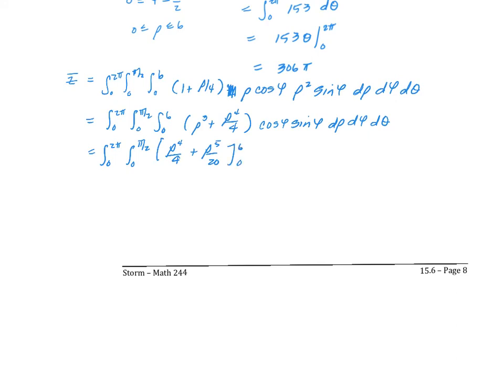And I'll just plug that value into a calculator and get a decimal. I think I'll just leave it like that, 712.8. I could pull it out, but I'll just leave it inside the integrand. That's 712.8, and then I have cosine sine of phi.